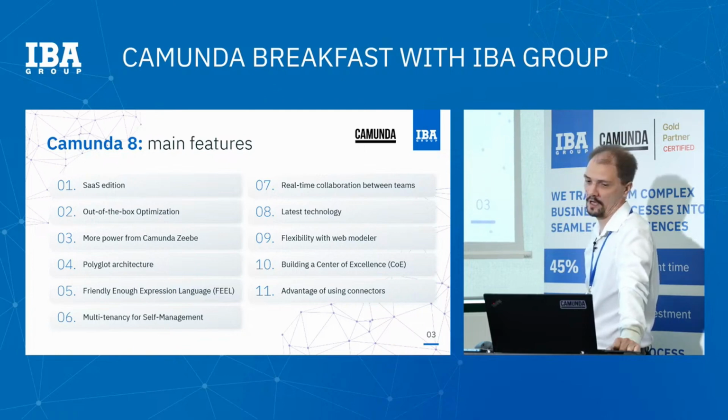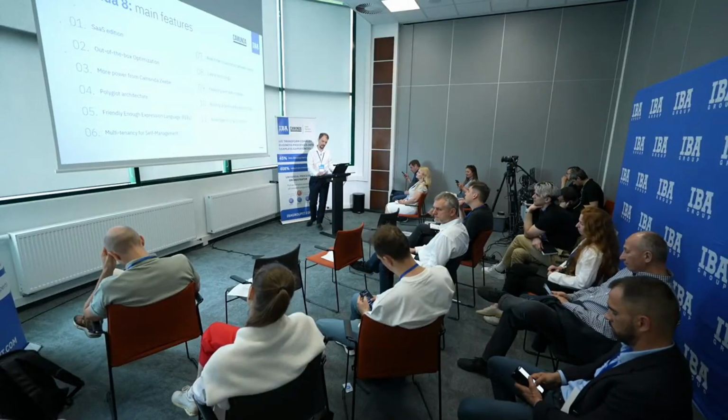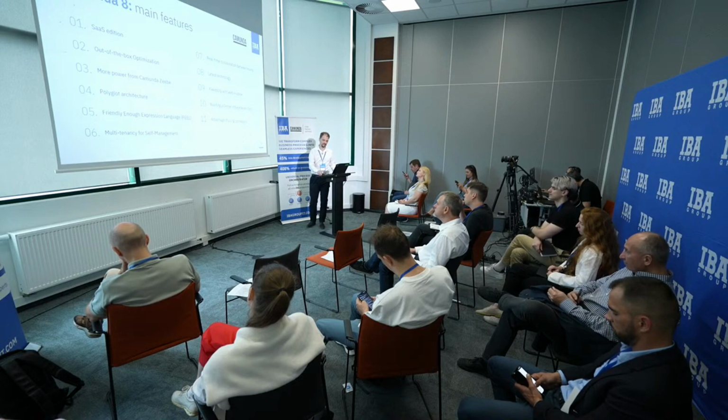And the core of Camunda 8 is ZB, which has been created with a cloud-oriented and microservice-oriented architecture in mind, with the speed we can get when we're using a cloud implementation, and taking all the advantages of the cloud infrastructure, like scalability and security underneath, and the possibility to make changes to increase the capability of your environment, adding new nodes to your environment, and really scale without any big problems.